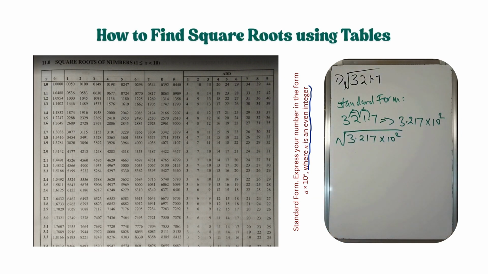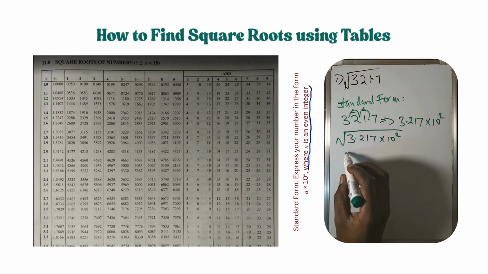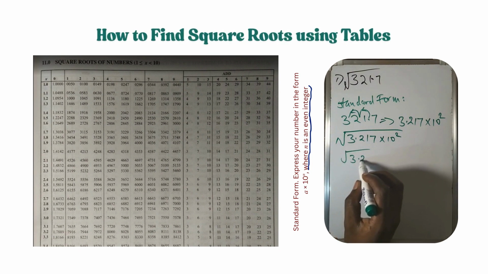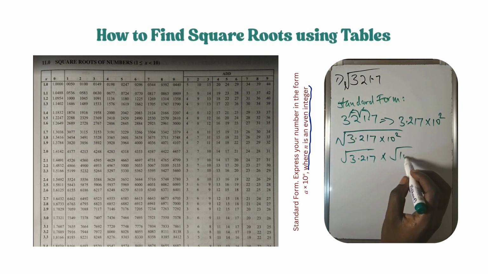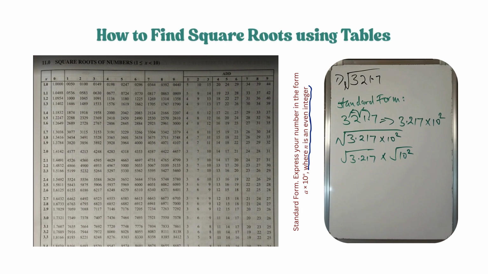The square root is the same as the square root of 3.217 times the square root of 10 squared. Now, the square root of 3.217 we can get directly from the table.